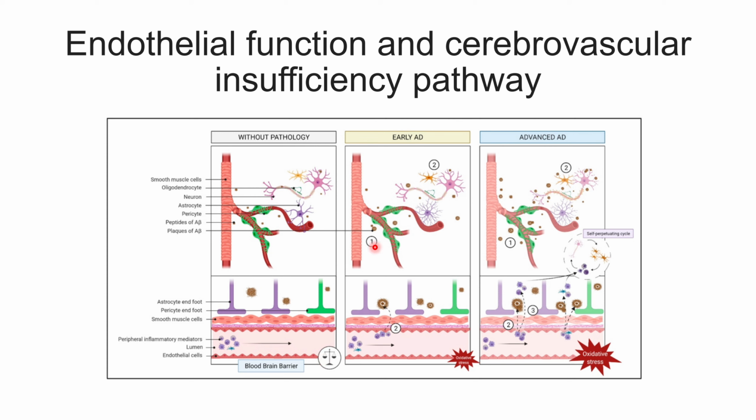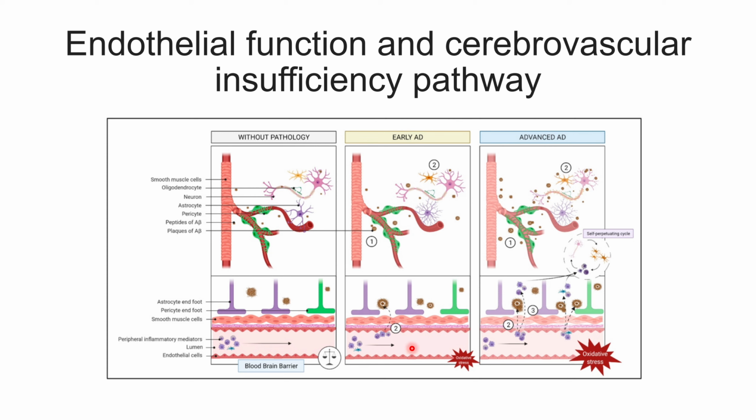However, when plaques of amyloid beta are formed in and around the brain cells, this might lead to peripheral inflammatory mediators going and acting upon this plaque of amyloid beta, and this happens because of a decrease in the blood-brain barrier.